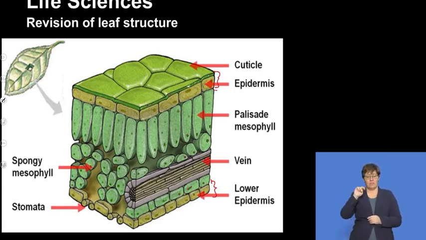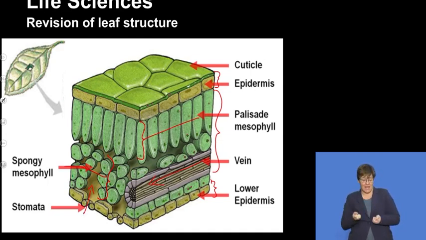In the center of the leaf, we have our mesophyll, some of which are long and closely packed, some of which are smaller and rounded, the spongy mesophyll, and the palisade mesophyll. Then, in between these cells, we have got substances being provided through the vein, namely water, and substances, namely carbon dioxide, moving in through the stomata.